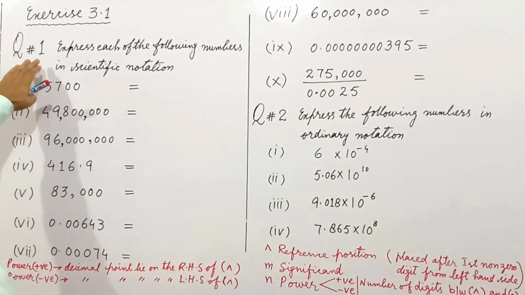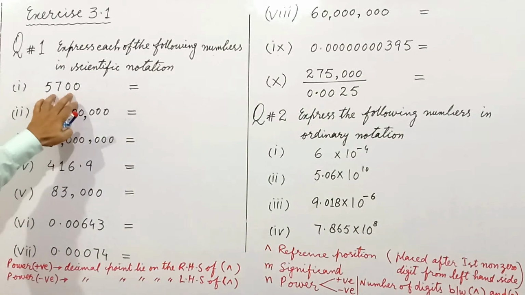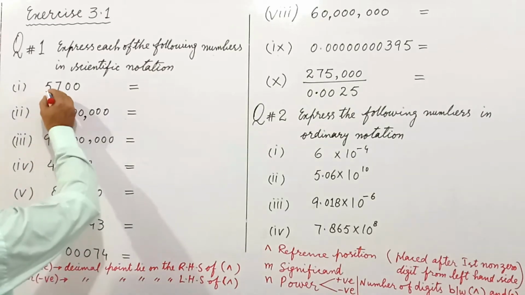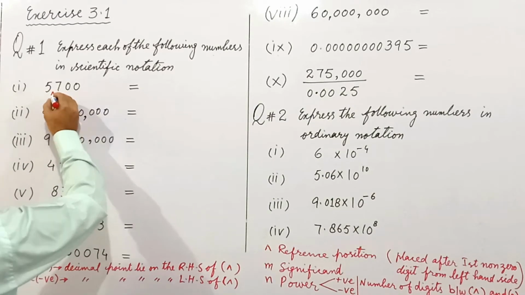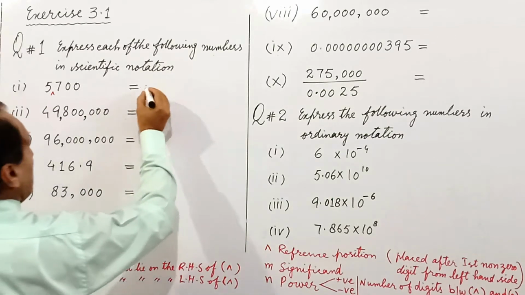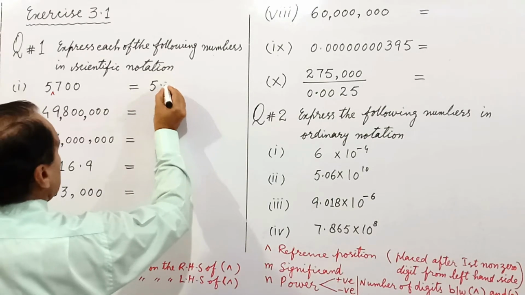Let's do question number 1 of exercise 3.1, in which we are required to express each of the following numbers in scientific notation. We are given a number in ordinary notation, 5700. To convert it into scientific notation, we put a reference position after the first non-zero digit from the left hand side. That will help us to write the significand, and that will be 5.7.